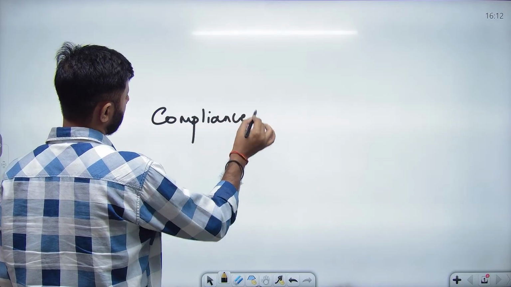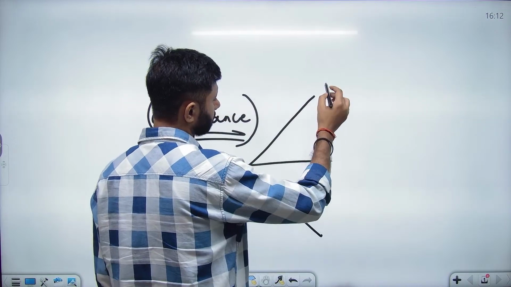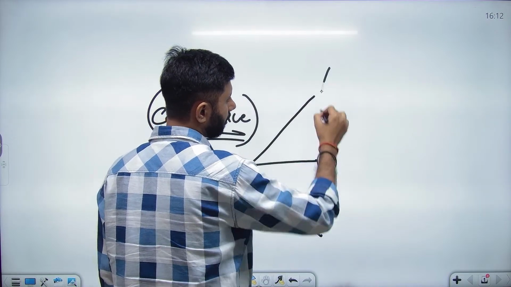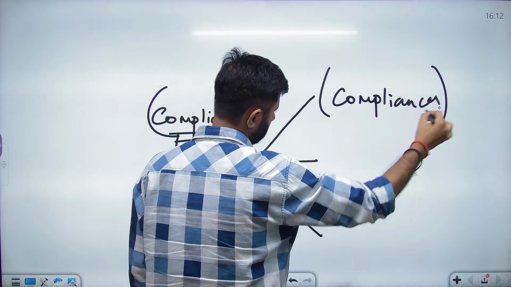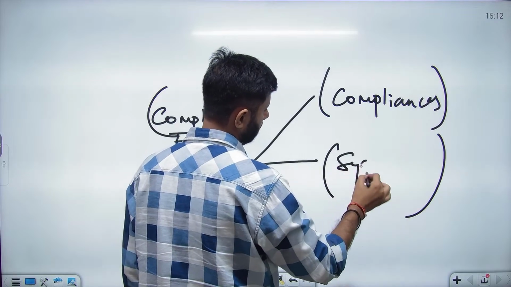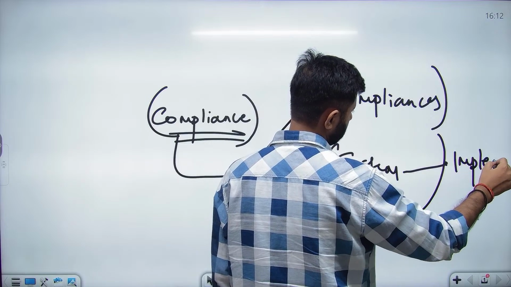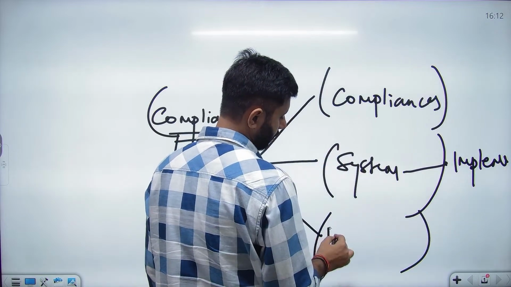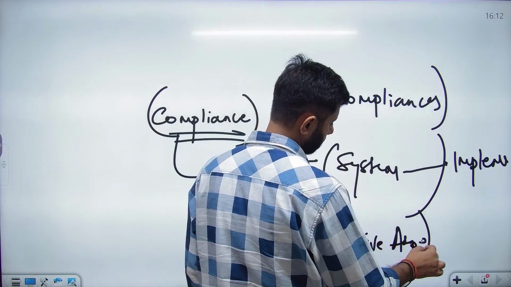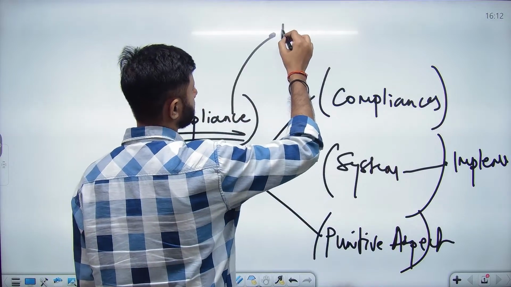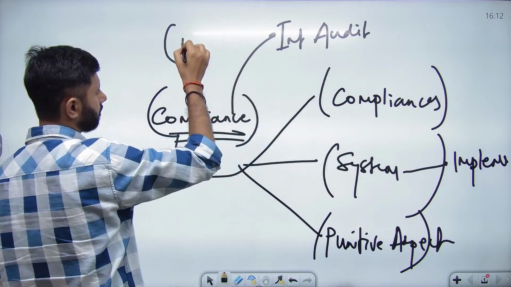The broad idea under the compliance function is everything related to NBFCs getting all the compliances that they need to follow, having a system for implementation of such compliances, having punitive aspects of these compliances, and lastly also having an internal audit framework which is risk based.